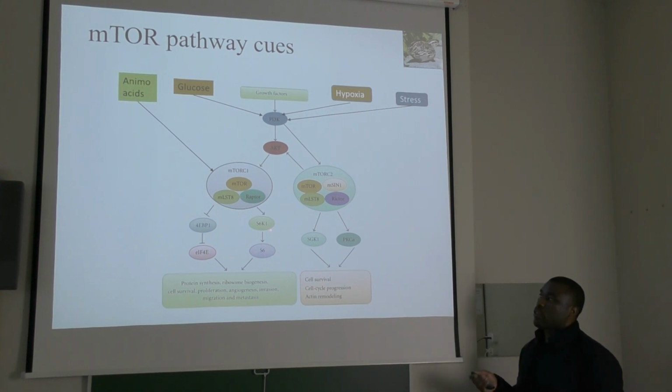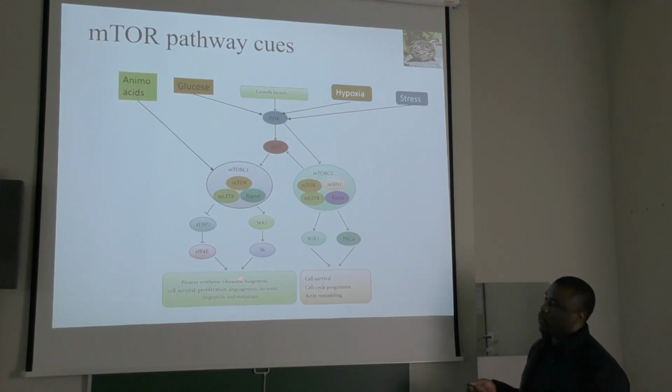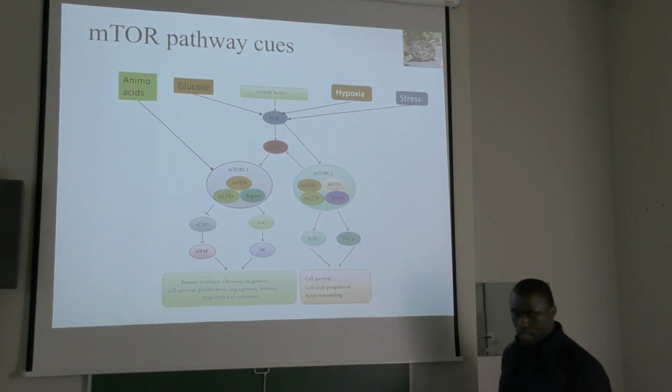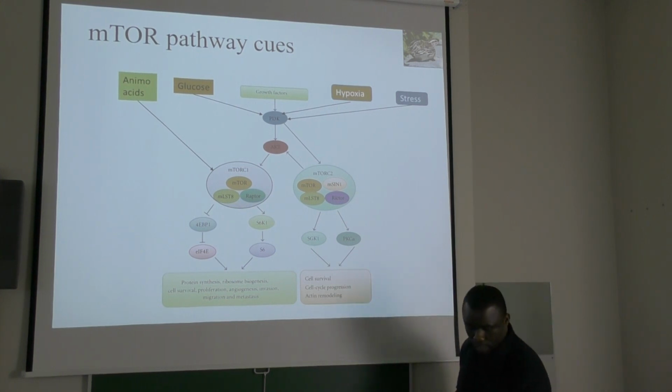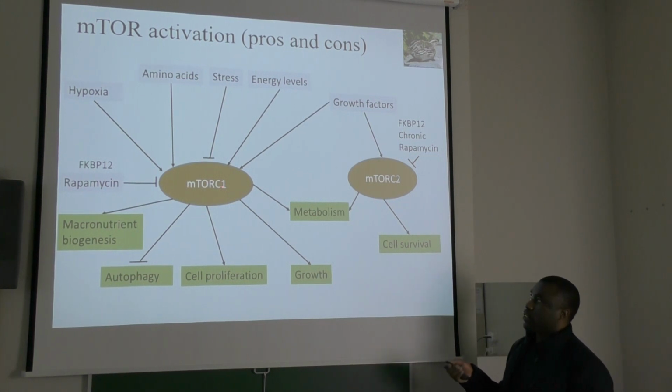But mTOR also has other upstream factors, like the S6 kinases, connected to mTORC1. Finally, we get growth or production and other biological functions. Rapamycin inhibits these mTOR pathways by binding to this protein.